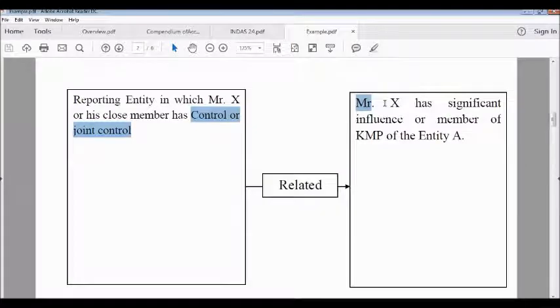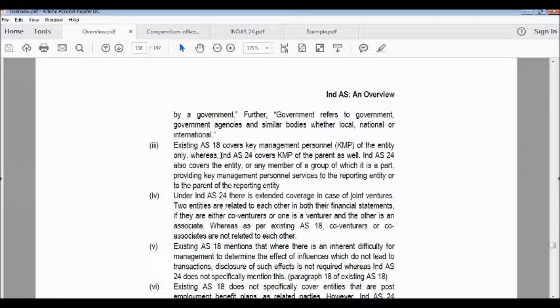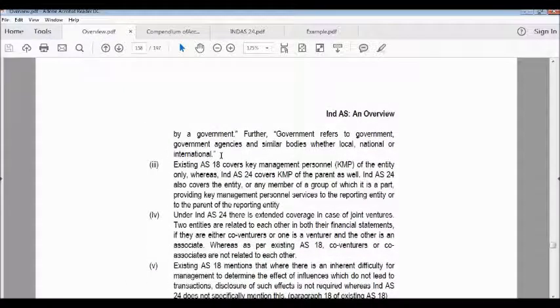Like this, Mr. X has significant influence or is a member of the key management personnel of entity A. Therefore, if Mr. X has control or joint control here, and Mr. X is a member of the key management personnel of entity A, then entity A and the reporting entity will be related to each other. So this is the third difference between Ind AS 24 and the existing Accounting Standard 18.